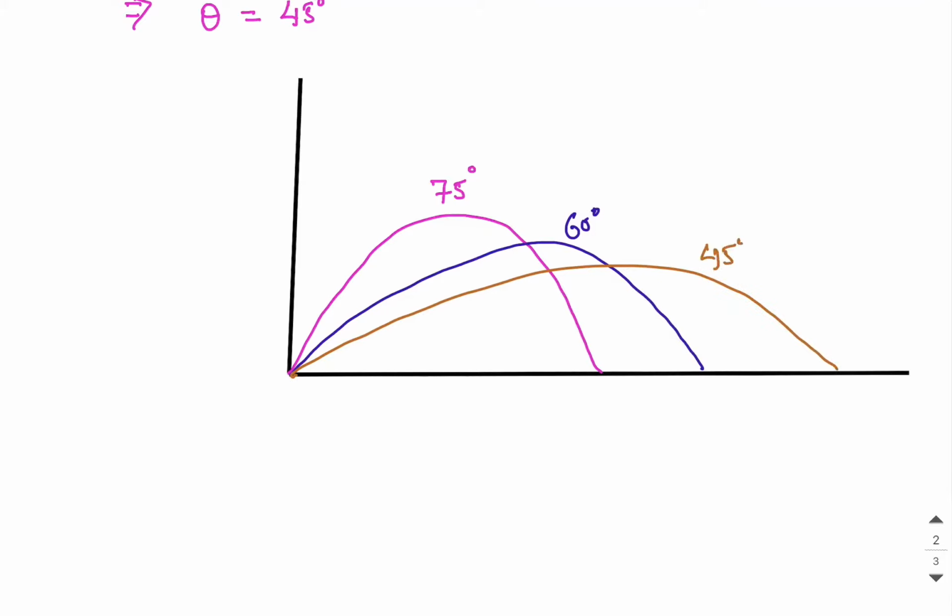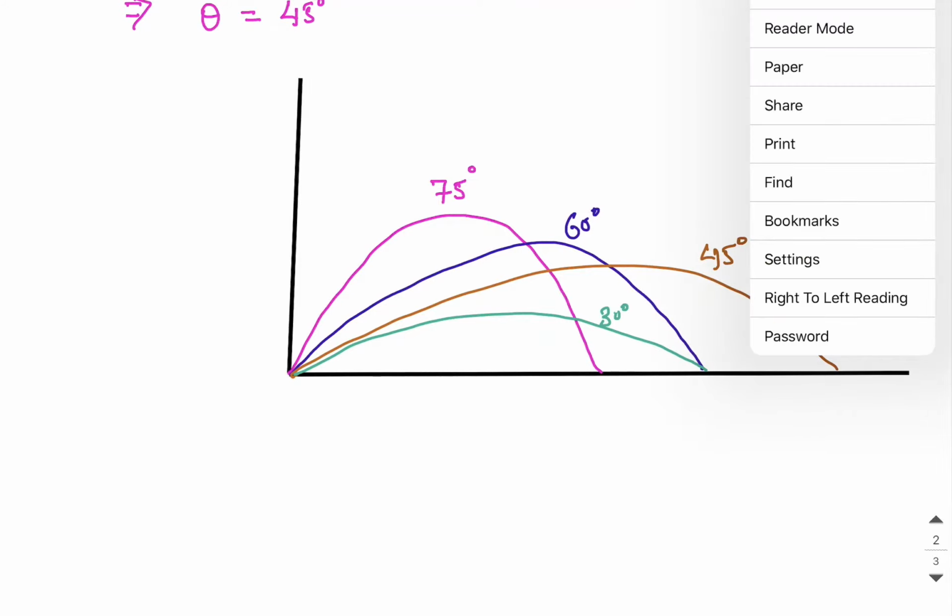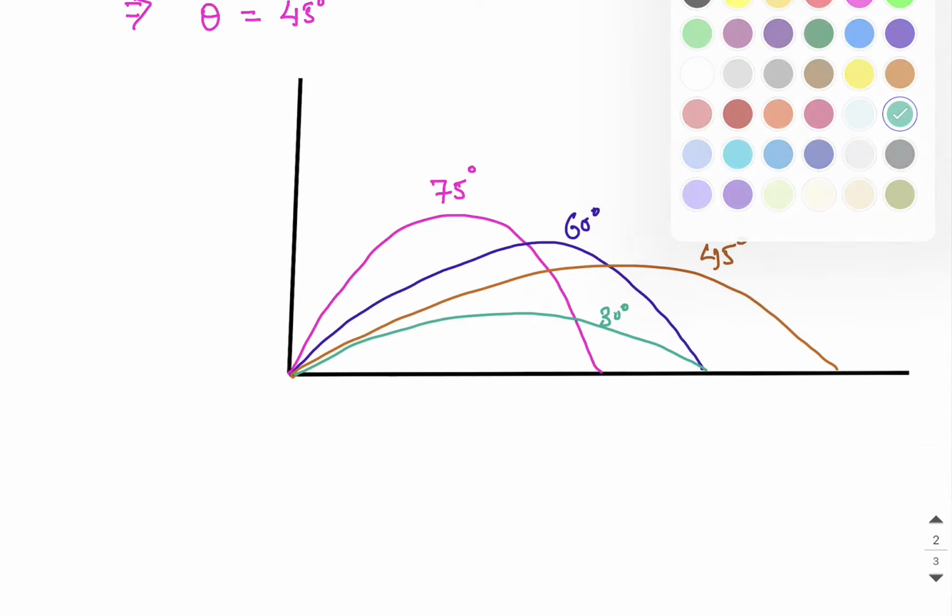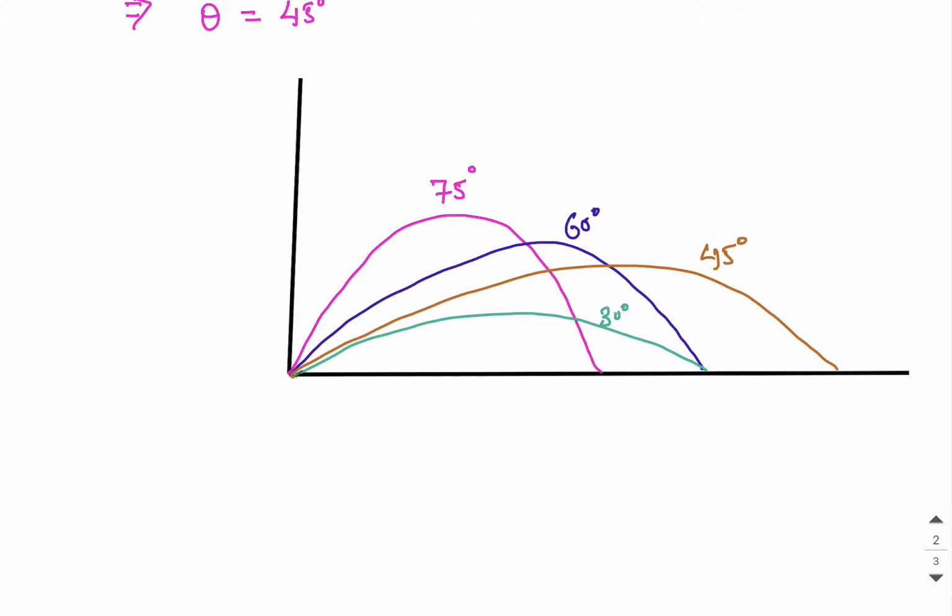This is at 45 degrees. Now if I launch it at 30 degrees, this is at 30 degrees, and this is at 15 degrees. This axis is the horizontal distance, and this is the vertical height.